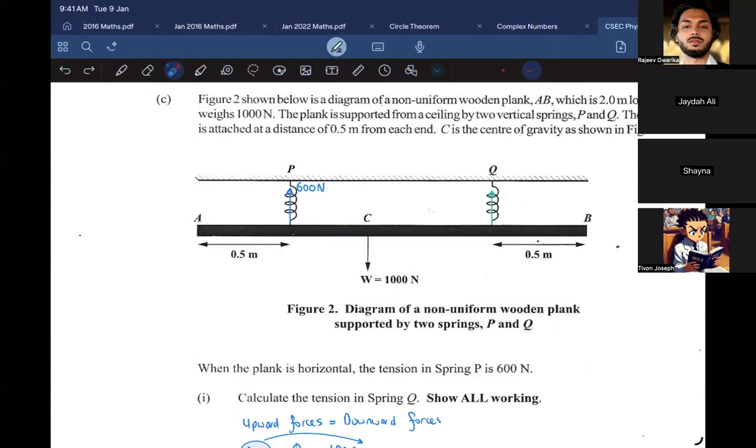So you understand that if something is non-uniform, the density would be different in different regions. You could think about a pencil, right? A pencil is uniform, so the center of gravity would be in the center. But Jada and the rest of you guys could try it with a pen that has a cover.